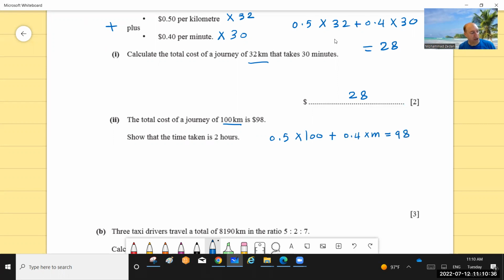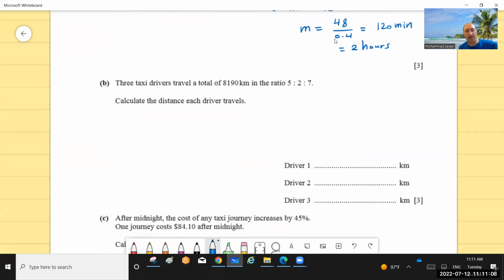By solving this equation, 0.4m, where m is the number of minutes in this journey, is 98 minus 0.5 times 100, which is 50, gives you 48, and m is 48 divided by 0.4, gives you 120 minutes, and 120 minutes equals 2 hours by dividing by 60.